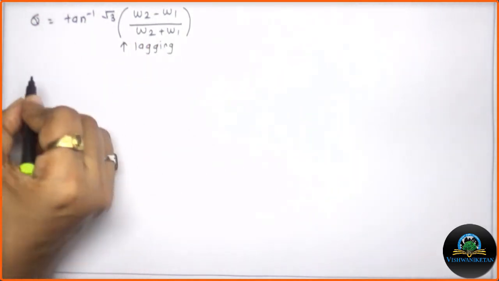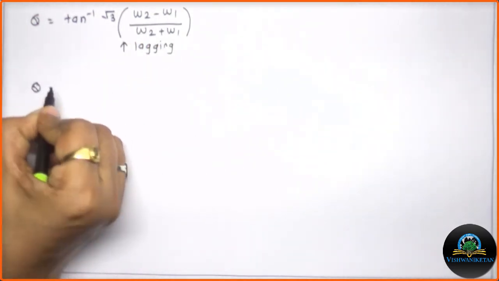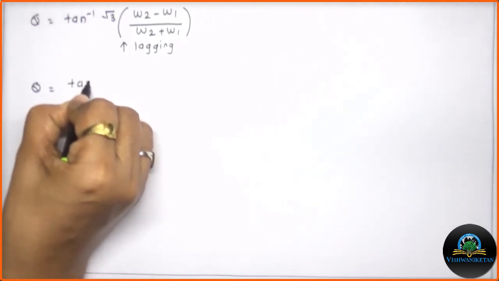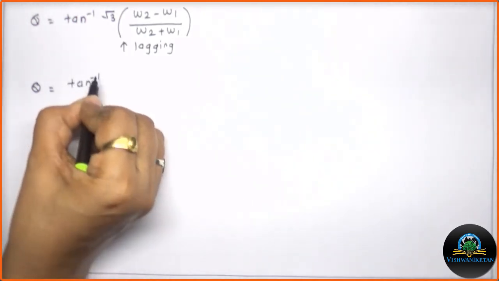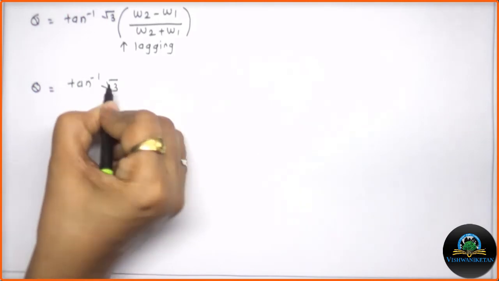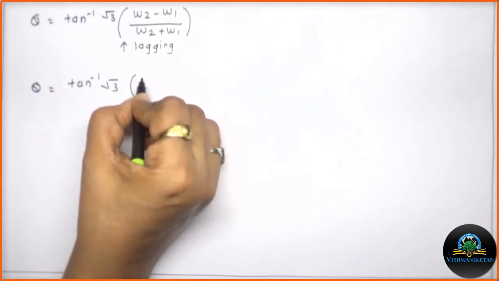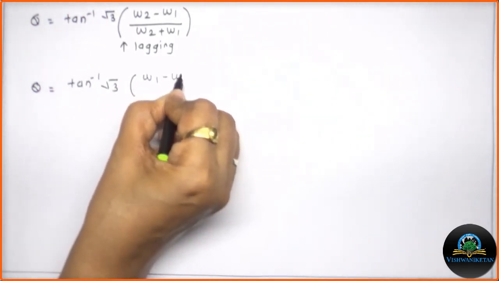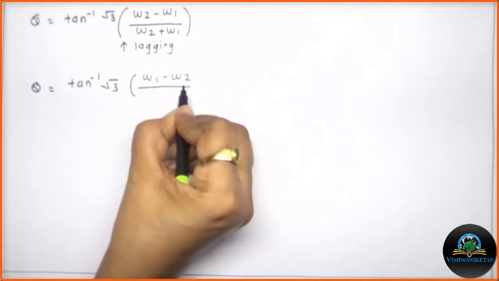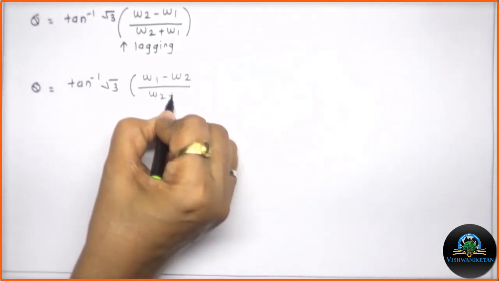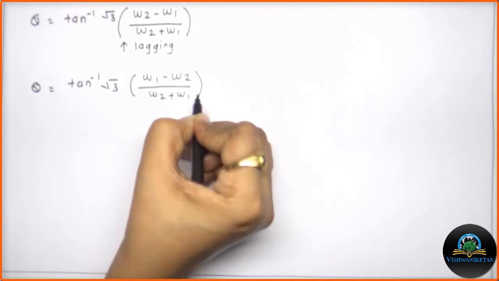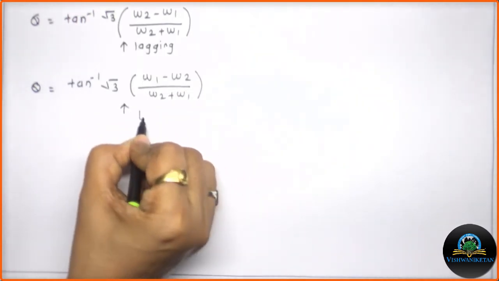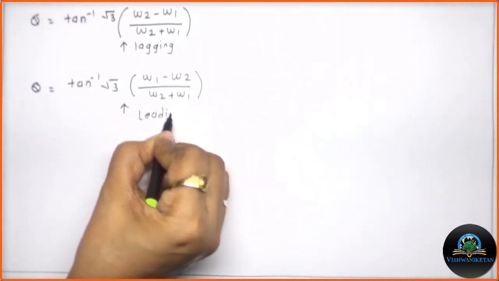So I am writing it again, the same equation for the leading power factor: theta is equal to tan inverse root 3 (W1 minus W2) upon (W2 plus W1) as it is. So this will be for the leading power factor.